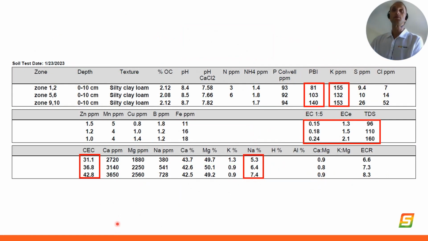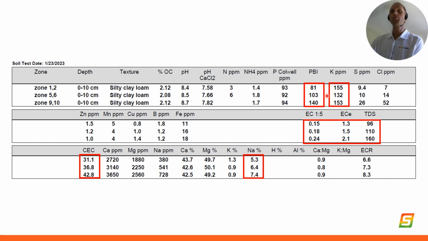And here's the full soil test from APAL Labs. I'm not going to get into every little detail, it's too many numbers, but I highlighted a few key attributes that stuck out to me as management opportunities or things to consider, at least. It's always interesting to see Colwell P is almost identical in every zone, which is quite remarkable. We would rarely see that.